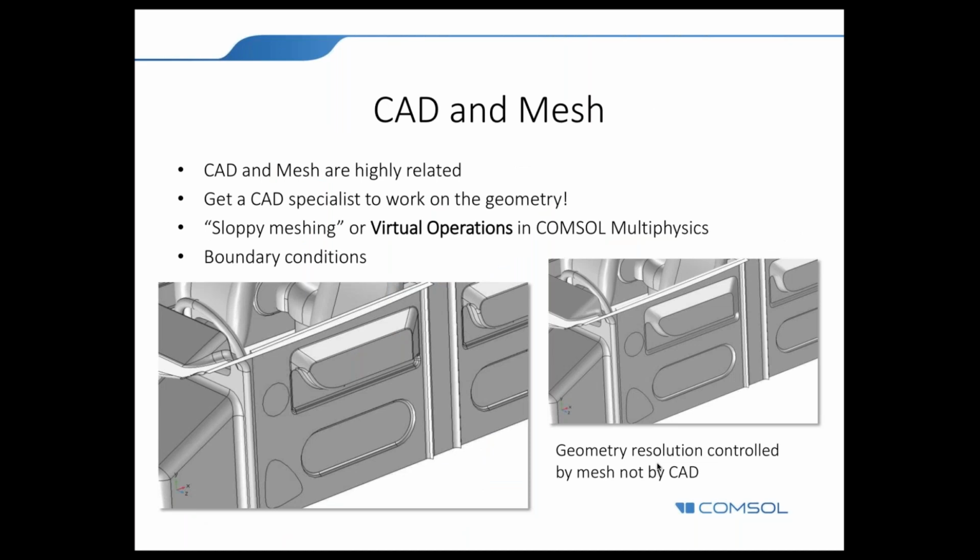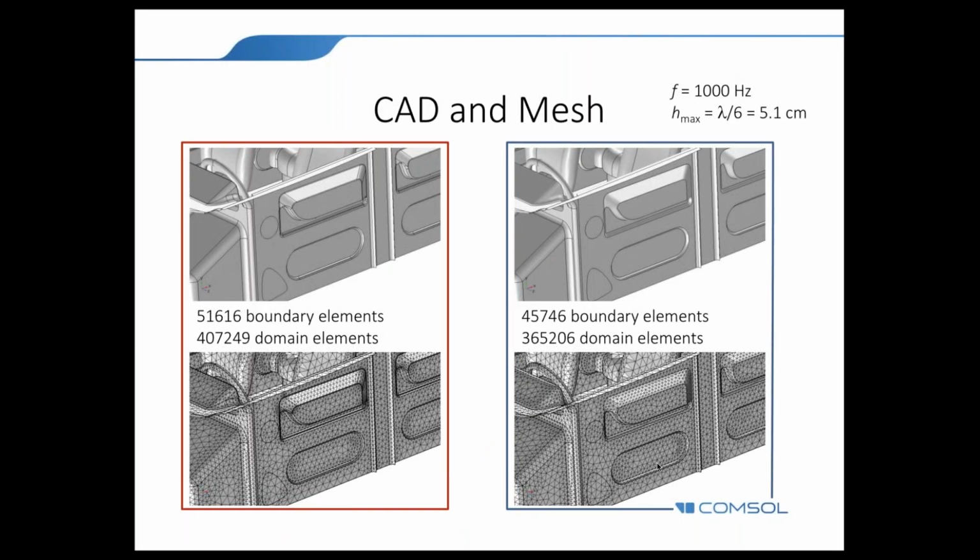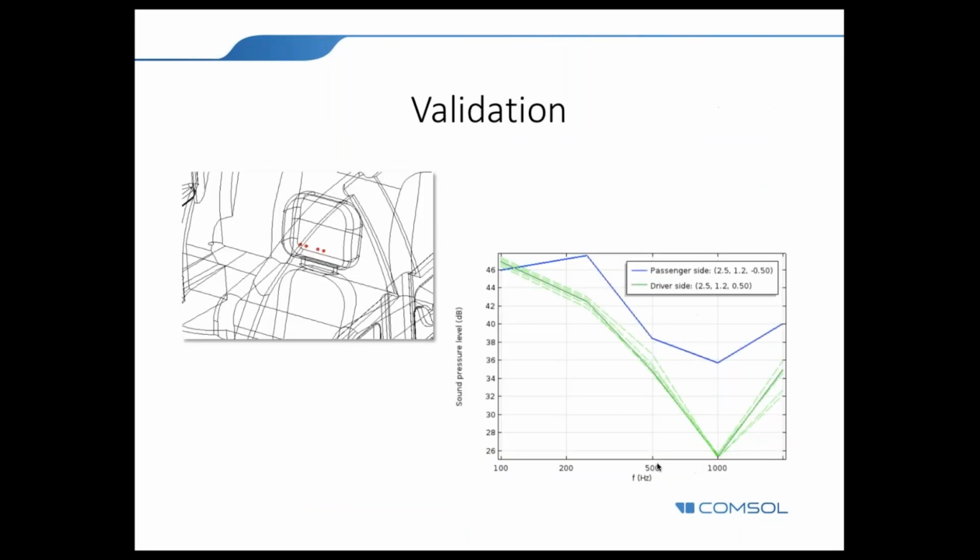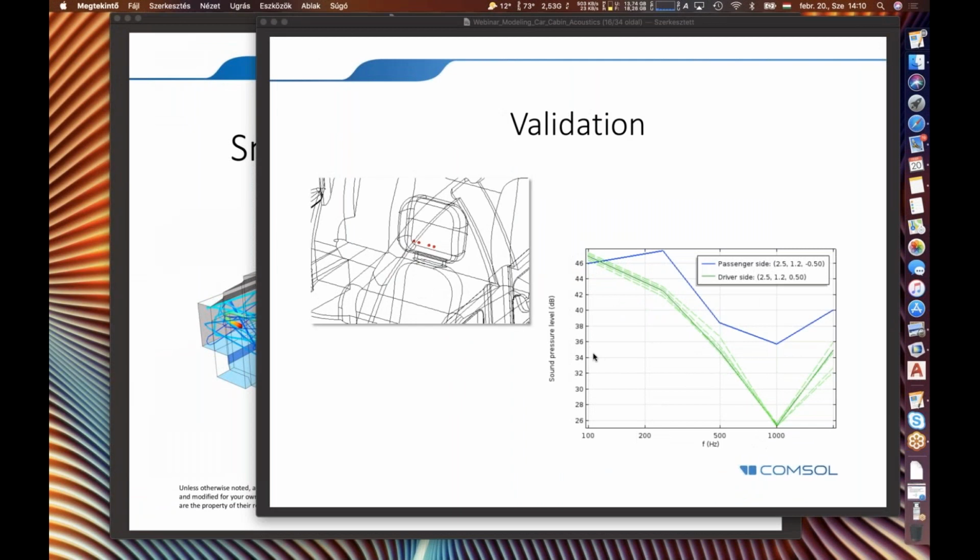From the CAD part, you need to remove as much details as necessary to get a better mesh, but still enough resolution for the wavelength. And we want to solve and validate on the sound pressure level at different locations in front of the seat, on the front seat. So we will use this at the post-processing part to see what the result is.